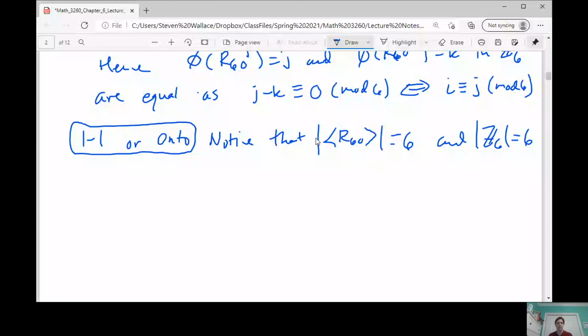So let's assume that phi of alpha, in the subgroup generated by R60, is equal to phi of beta, okay? That means, well, since everything in the subgroup generated by R60 is of the form, okay, let me sketch this.